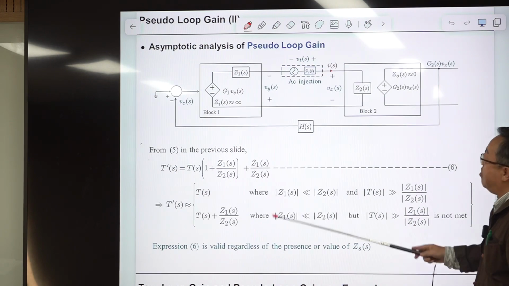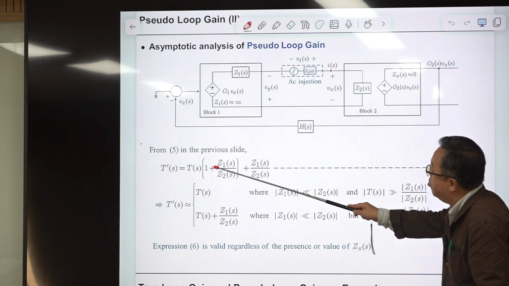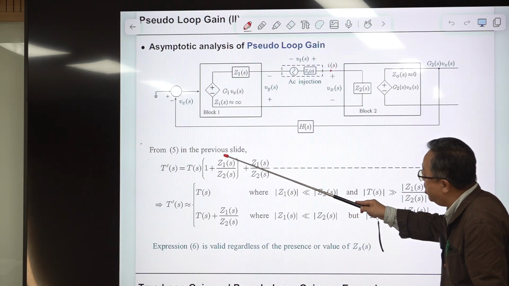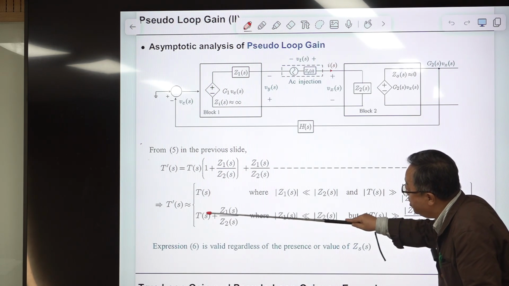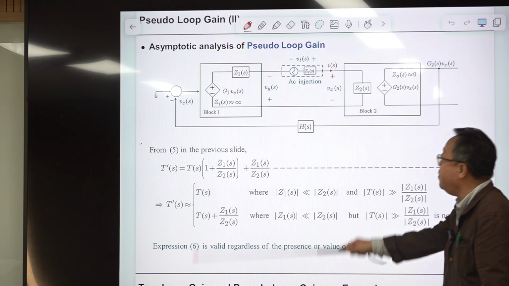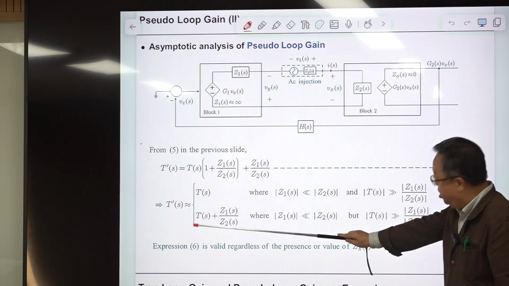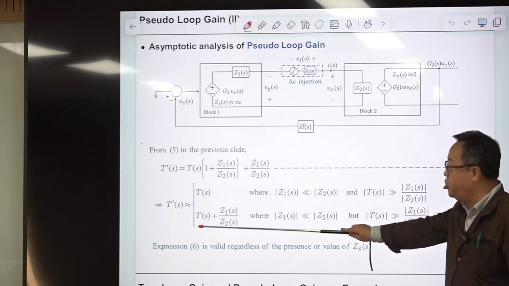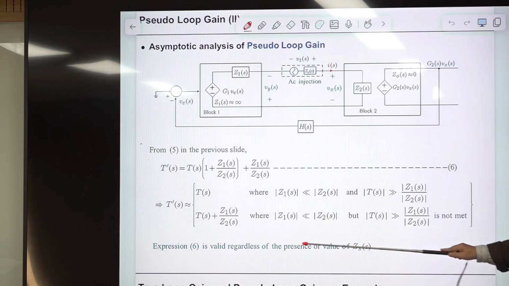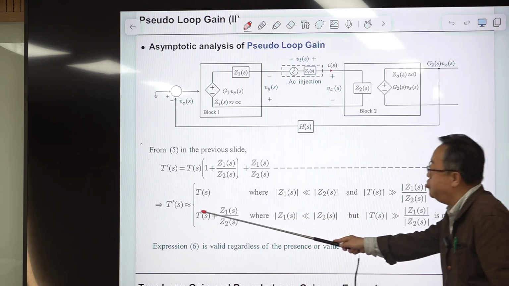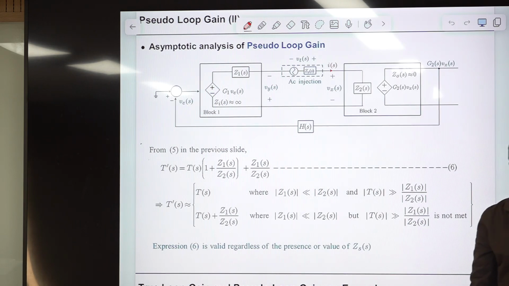But if this condition is satisfied, so we ignore this, then we have this expression. But if the magnitude of this one is much larger than this one, then we still need to keep this. For that case, the first condition is met and this second condition is not satisfied, then we should use this as the approximation of our pseudo loop gain.